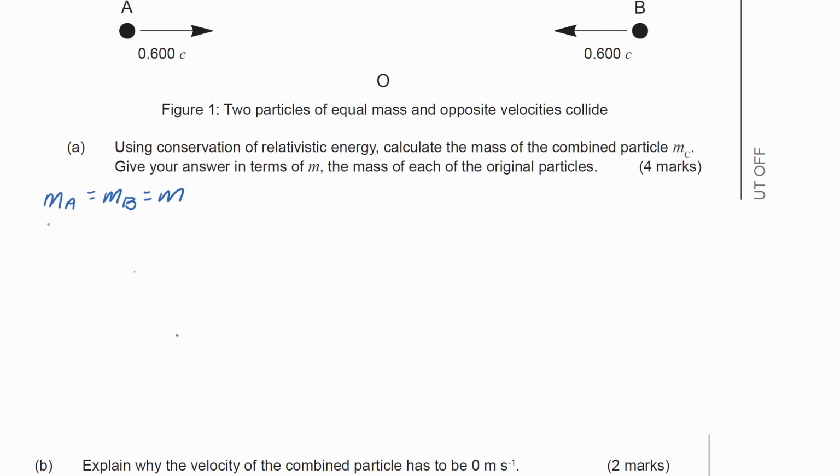We have an initial velocity for particle A of 0.6 c to the right. VB will be negative 0.6 c, because it's going left, and the velocity of C is equal to 0.